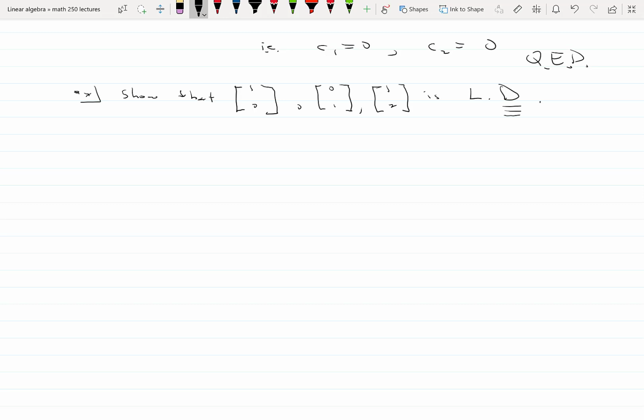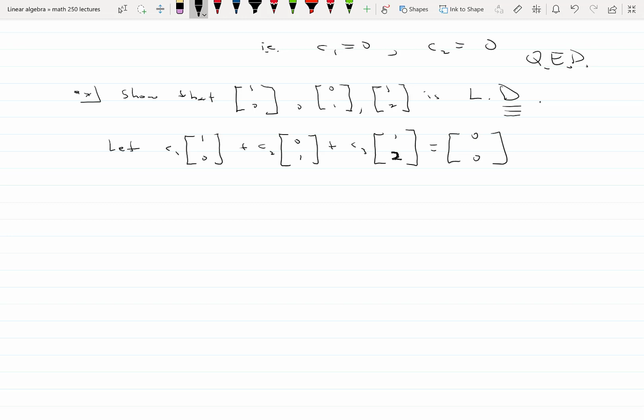Well, let's set up the equation C1 V1 plus C2 V2 plus C3 V3 equals the vector (0, 0). Okay, so we have a set as linearly dependent if I can find constants that are not all 0 that make this equation hold true. So let's set the equation up and see what we get for constants.